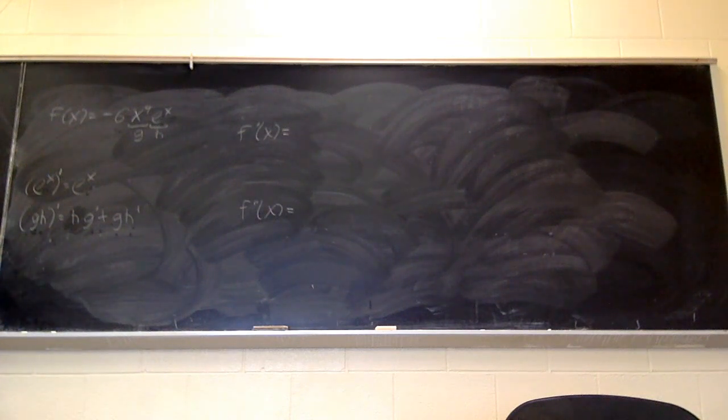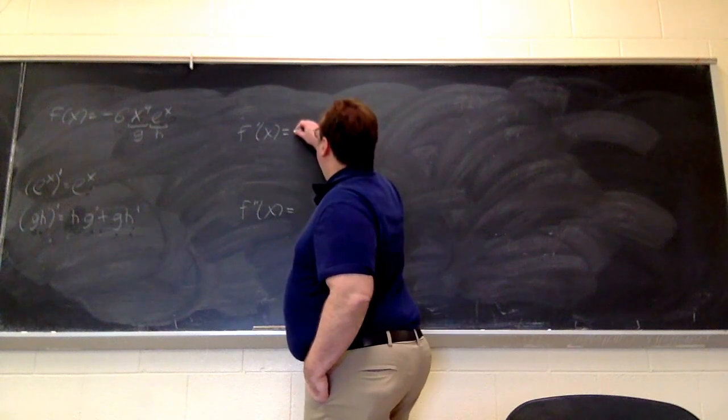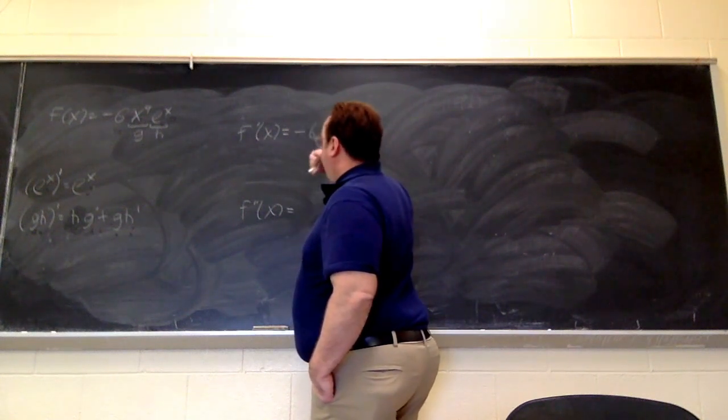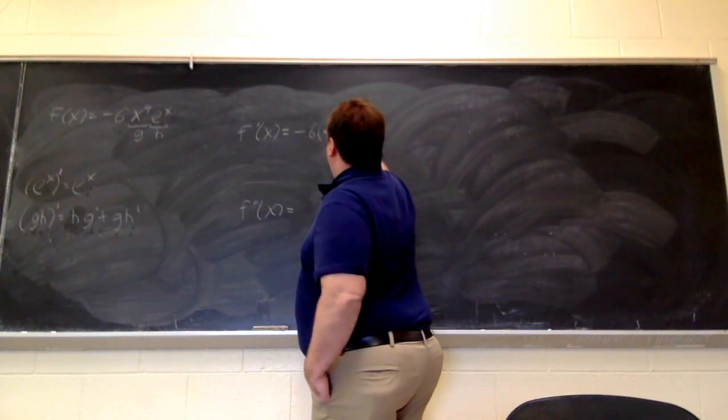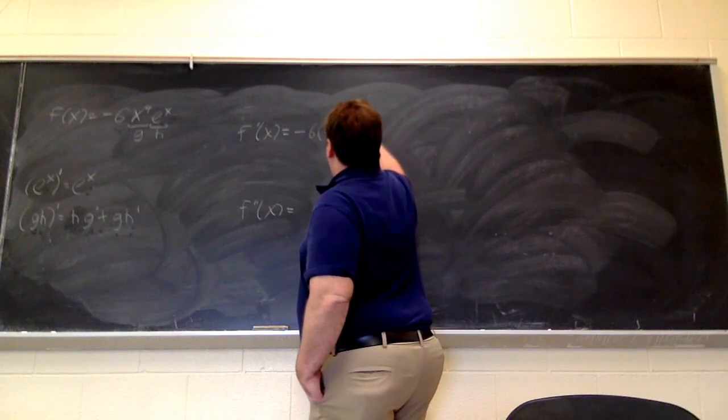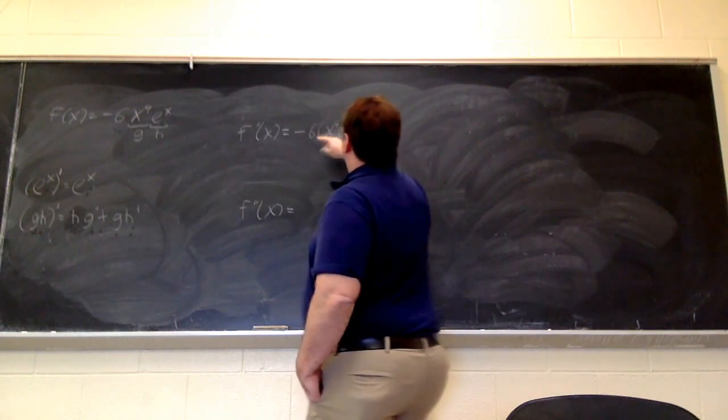In this problem, we're going to take the first derivative and second derivative of this function f of x. For the first derivative, I have minus 6 times the derivative of x to the fourth e to the x. And for that, I use the product rule.